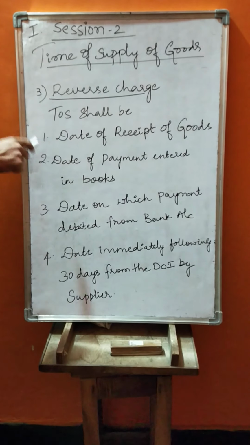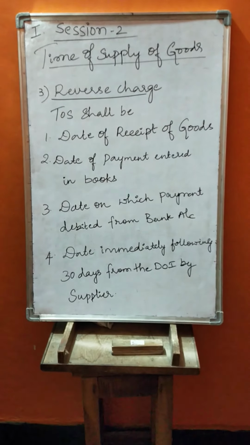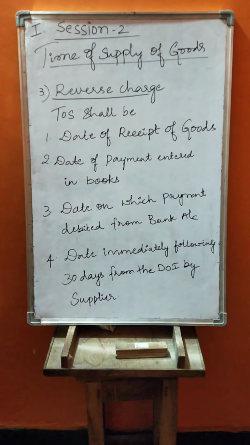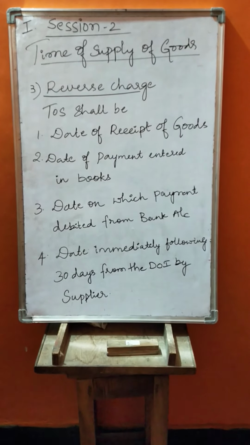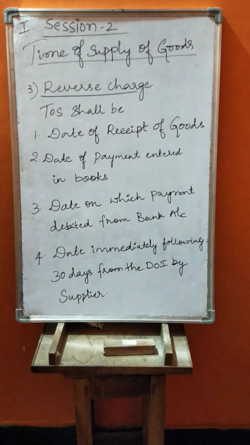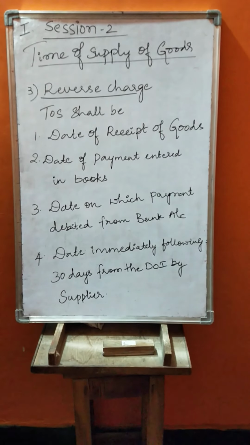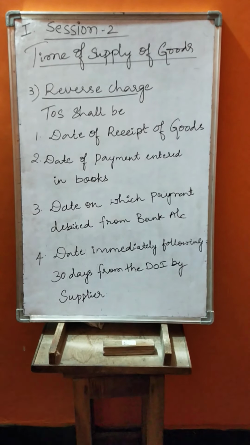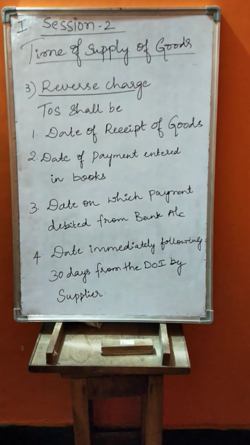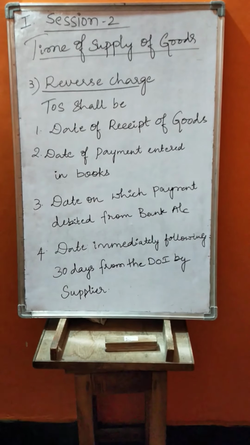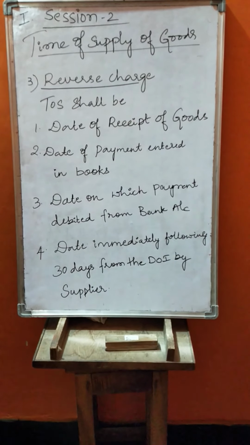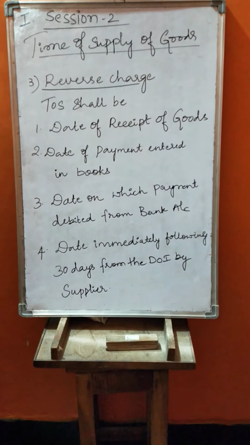What is that? Date of receipt of goods, on which day you received the goods. Second, date of payment entered in the books, on which day the recipient is entering in the books. Date on which payment is debited from the bank account, whenever the checks are issued by the recipient of goods, when the payment is debited, that date should be taken into consideration.